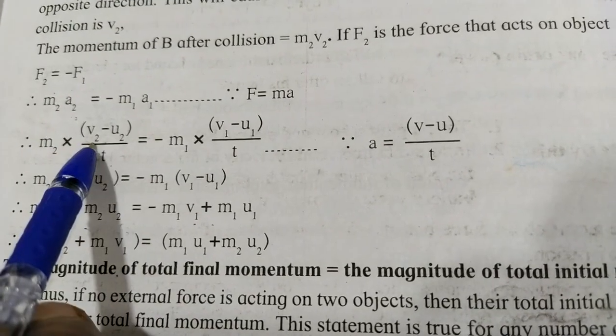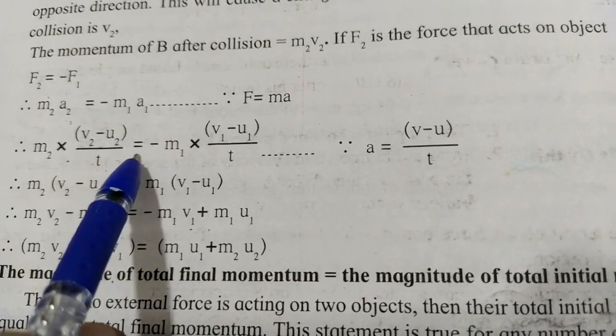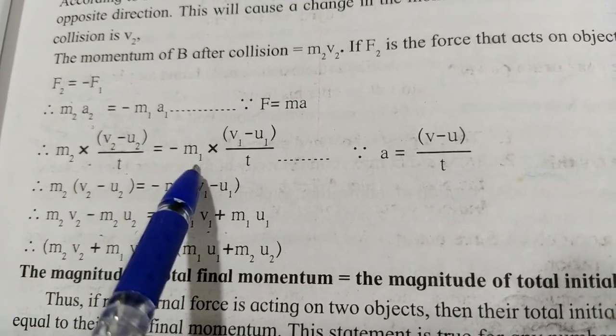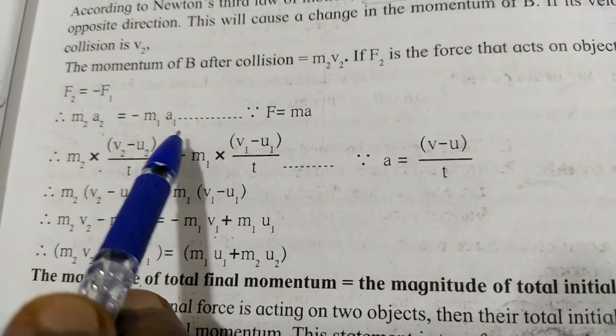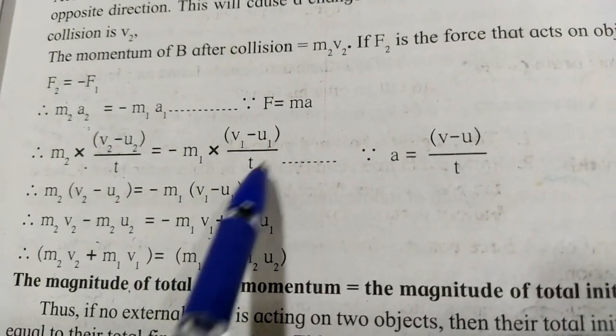So instead of a2 I am writing (v2 minus u2) upon t, is equal to minus m1 into, instead of a1, (v1 minus u1) upon t.